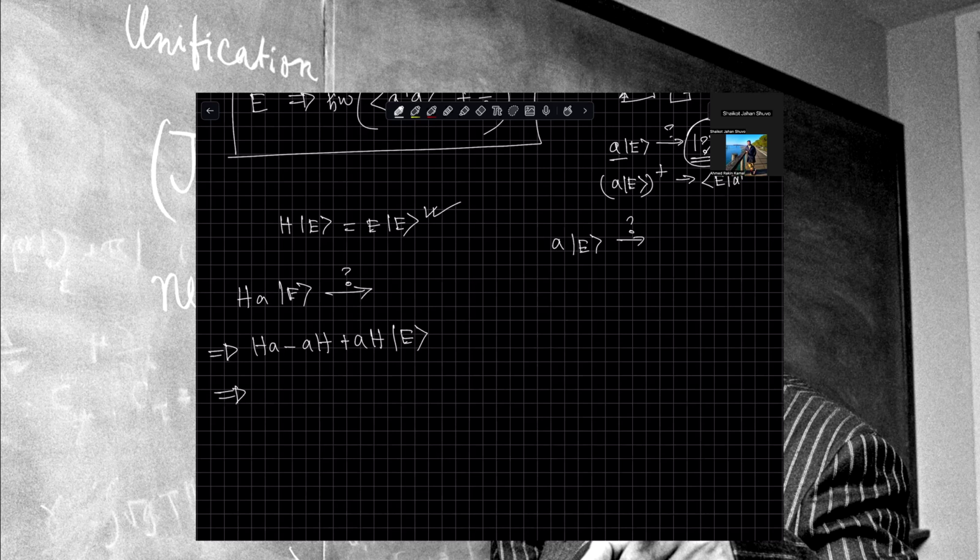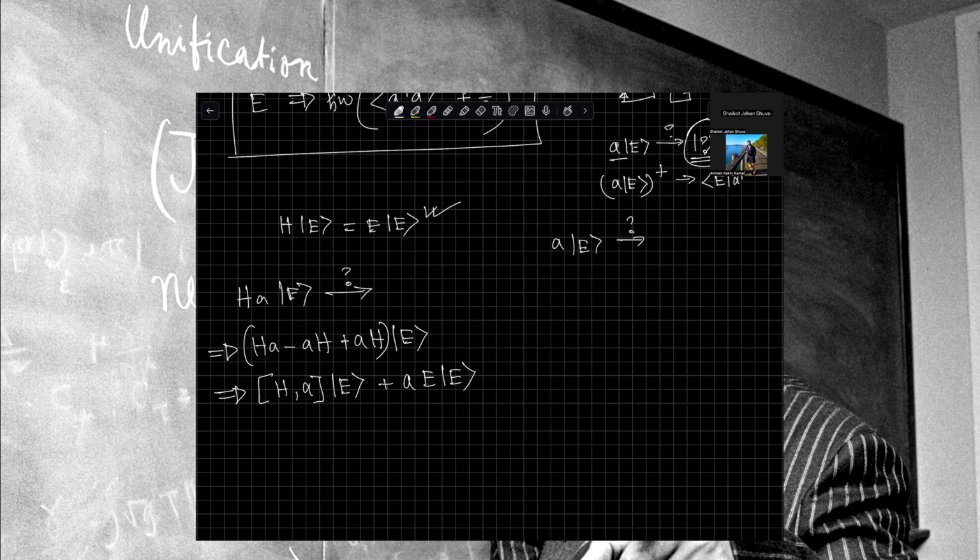And what happens over here is the commutator of H and A with E. That's what is there. And oops, there should be a bracket. And then I have A H with the vector E, right?